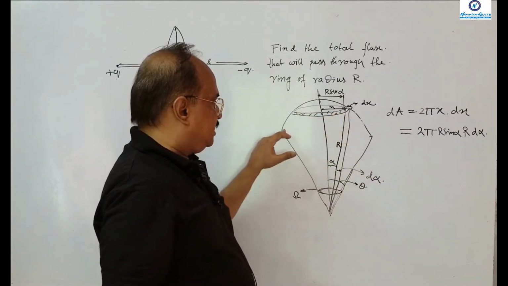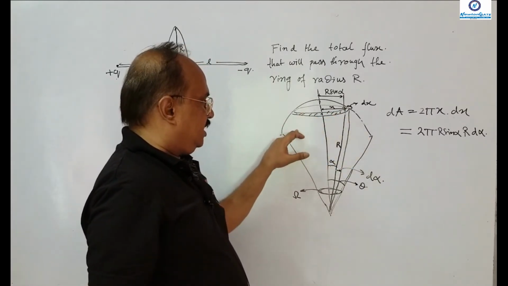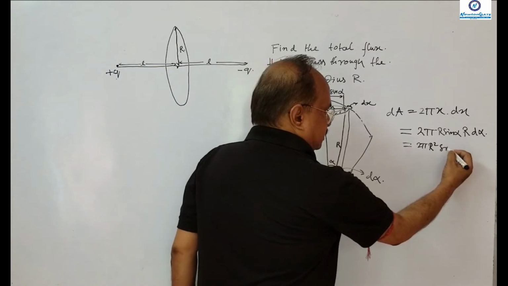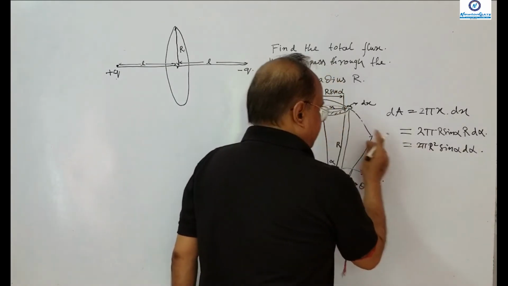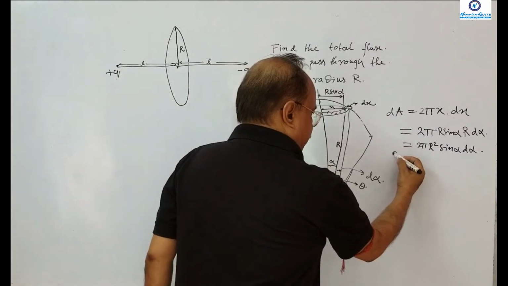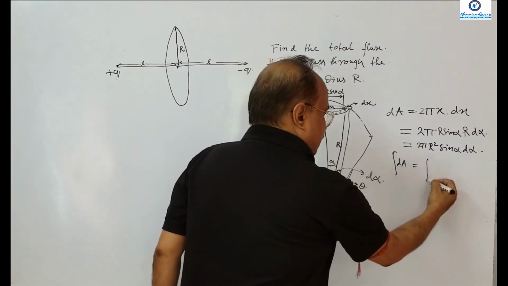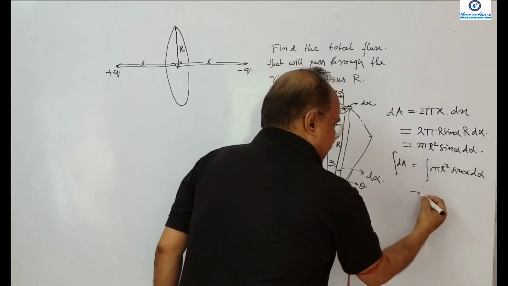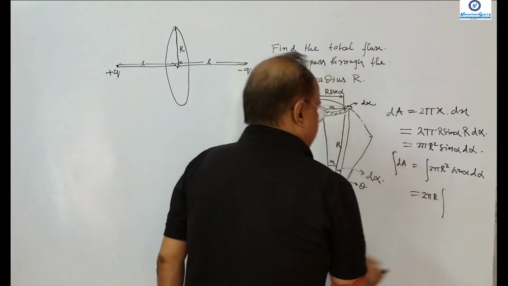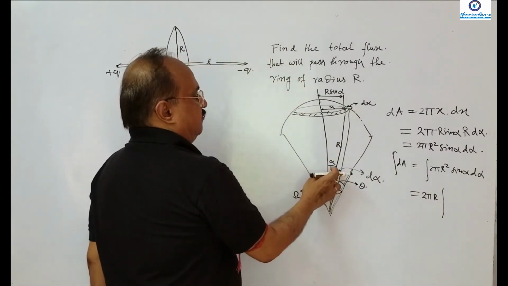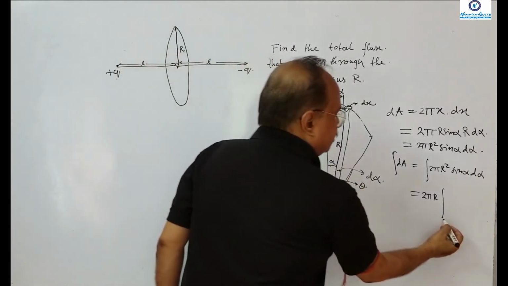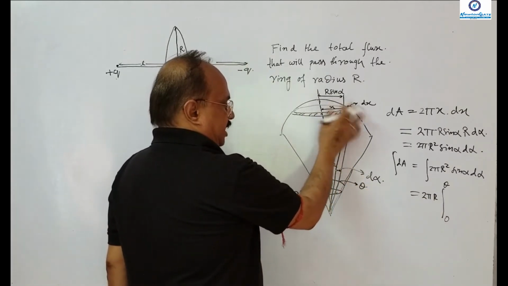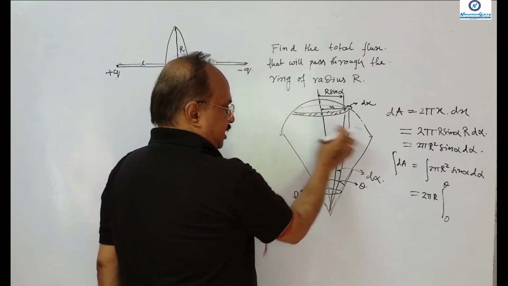Now millions of rings like this form the curved surface area. Simplified, dA is 2 pi r square sine alpha d alpha. If I integrate this dA, it equals 2 pi r square times the integration from alpha 0 to theta of sine alpha d alpha. Integrating from 0 to theta gives the area of all these rings from here to here.